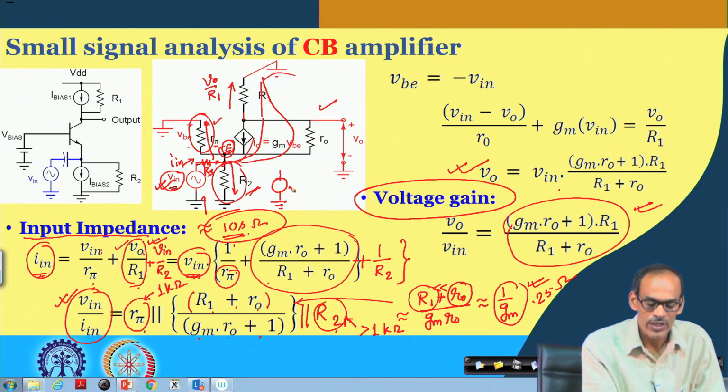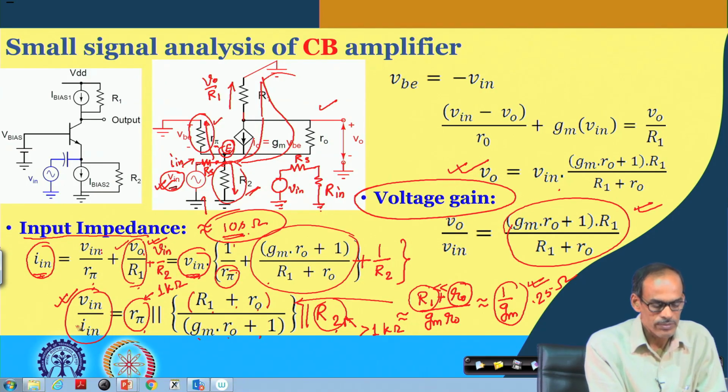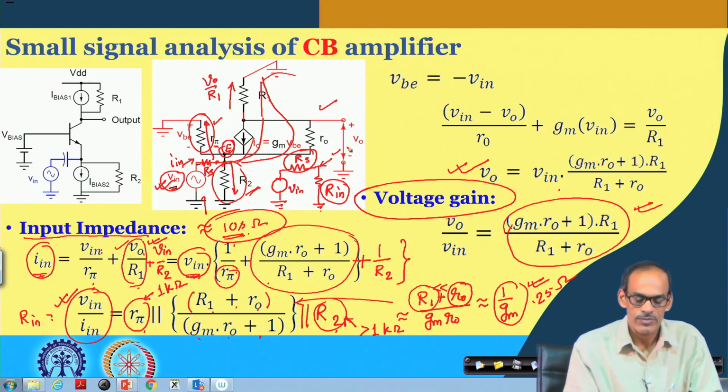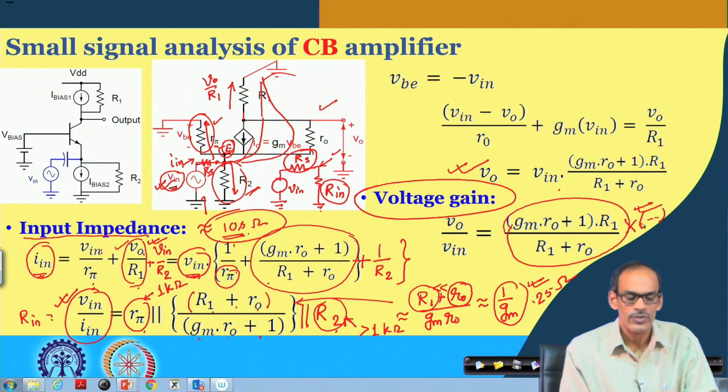So, if I call this V in, followed by the resistance of the signal source R s, followed by R in, the equivalent input resistance we have just now derived. If the value of R s is much higher than R in, the signal here will be very small. So, as a result we have to consider another attenuating factor. We will see its consequence.